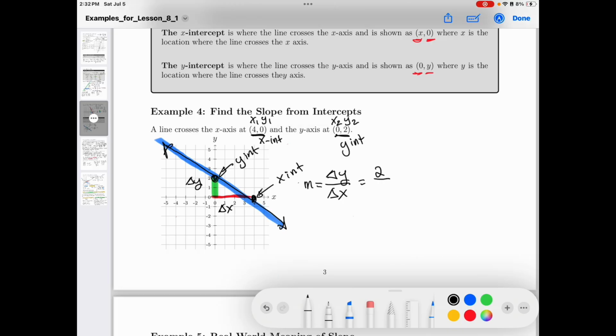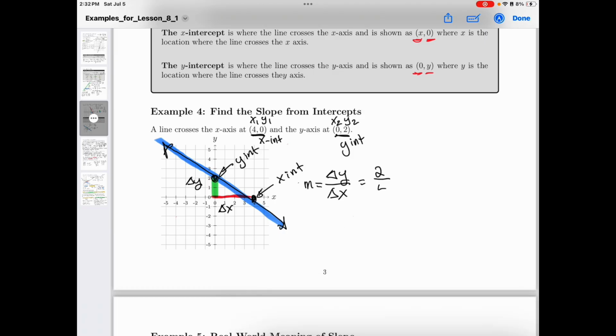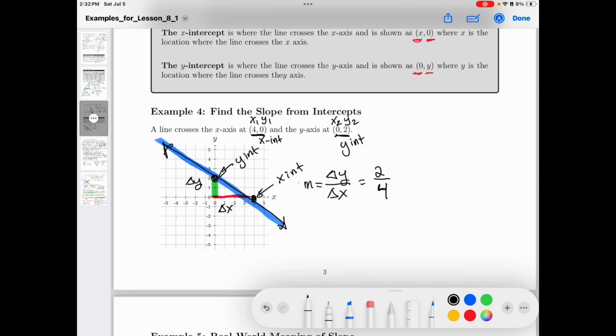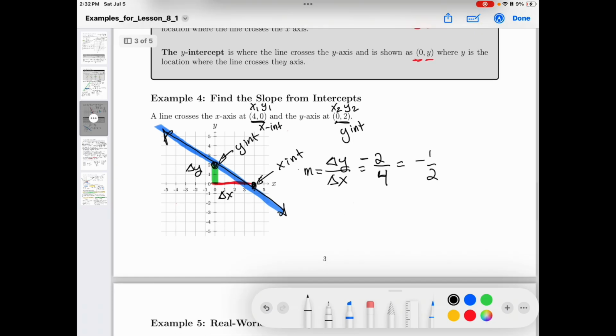So that's a 2 for my change in y. Now, when I look at my change in x, it goes from 0 to 4. So that's my change in x. If you look at the line and you trace it left to right, that's going down. So that should be a negative slope. When we reduce that, we get -1/2.